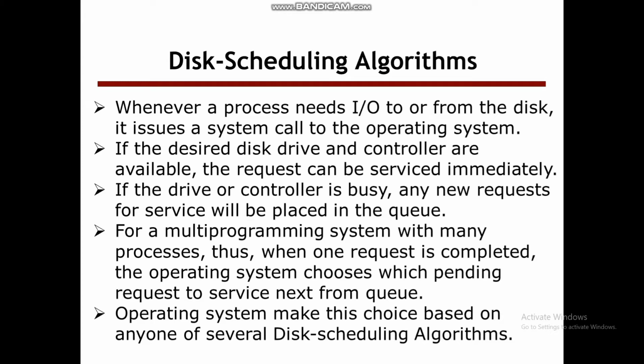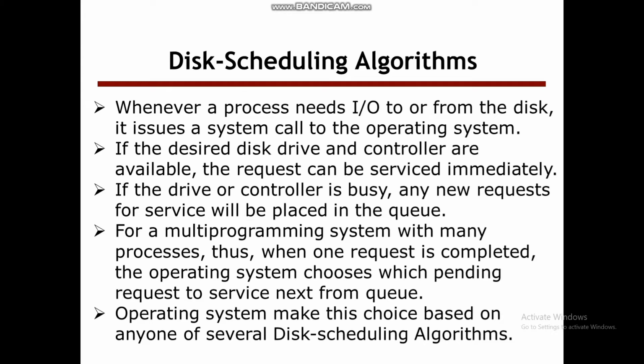In a multi-programming system with many processes, when one request is completed, the operating system chooses which pending request from the queue to service next, and the system has to make a choice based on one of several disk scheduling algorithms.